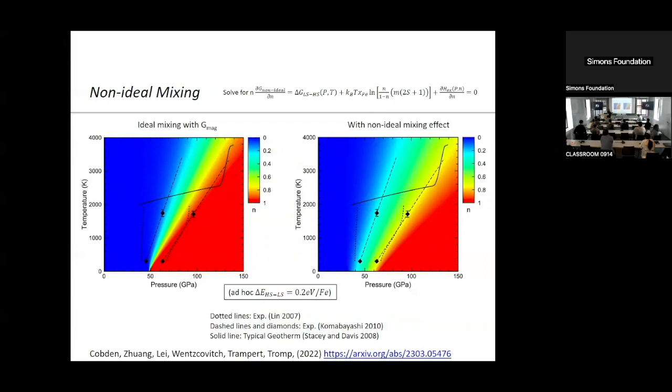There is an effect. It's a small energy difference between different configurations, but when you're talking about delta H equal to 0, any small change is significant. So you can broaden this mixed spin region by going beyond ideal solid solutions.